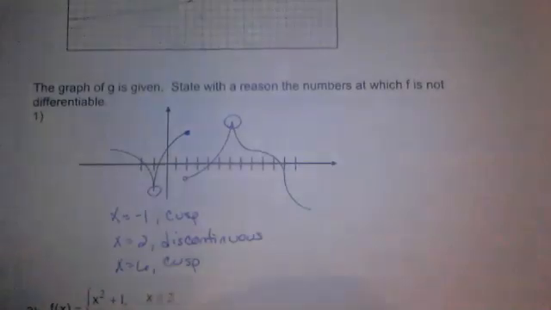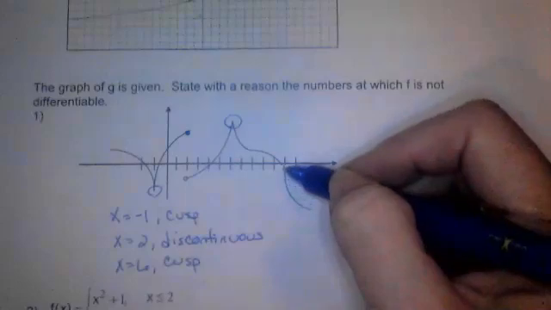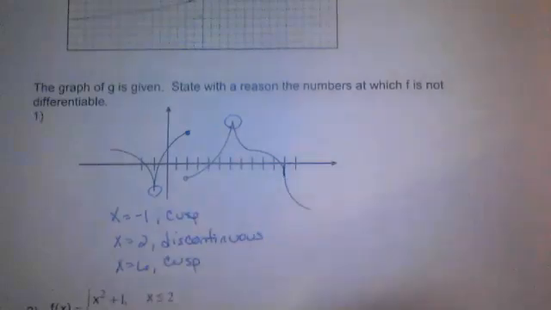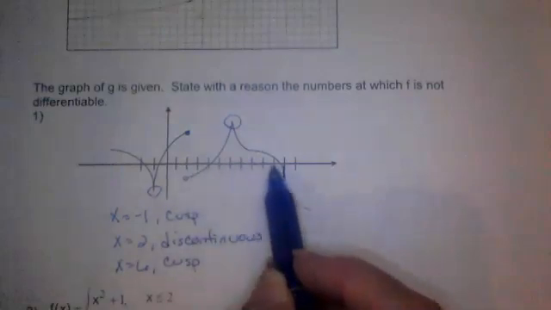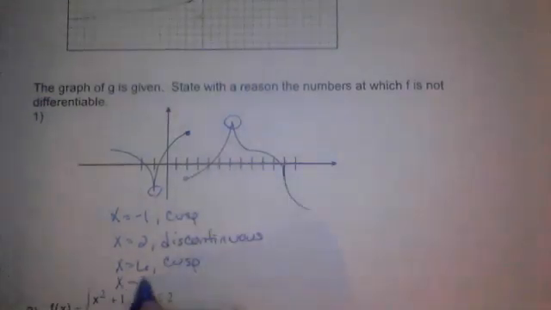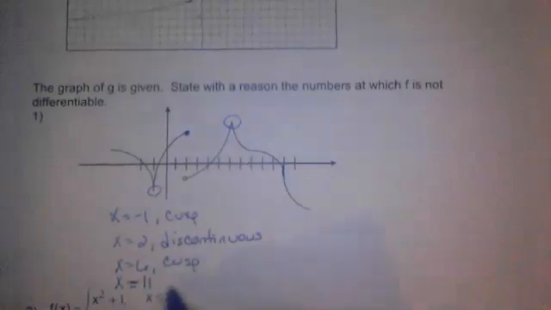And then it looks like right in here, they've created a place where there might be a vertical tangent. So 1, 2, 3, 4, 5, 6, 7, 8, 9, 10, 11. So at x equals 11, it looks like there's a vertical tangent.